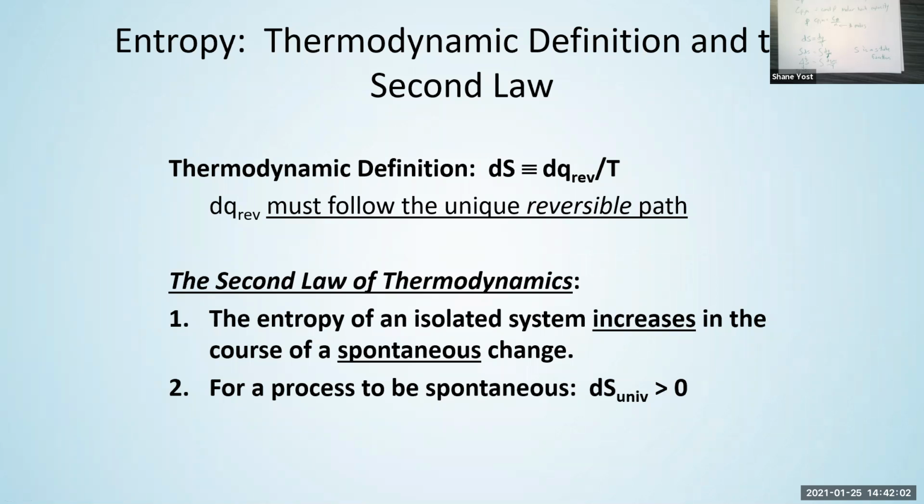So in that case, the surroundings' entropy change is just zero, because whatever's going on in your system is not affecting the surroundings. And so the entropy change in the universe and the entropy change in the system are the same for an isolated system. But in general, if your system is not isolated, then the entropy change in the universe being greater than zero gives us a spontaneous process.